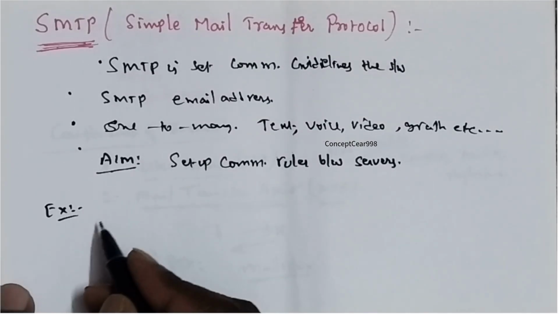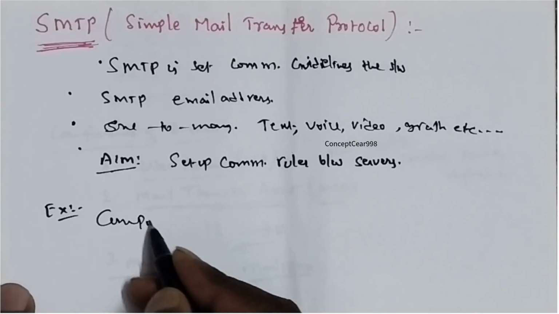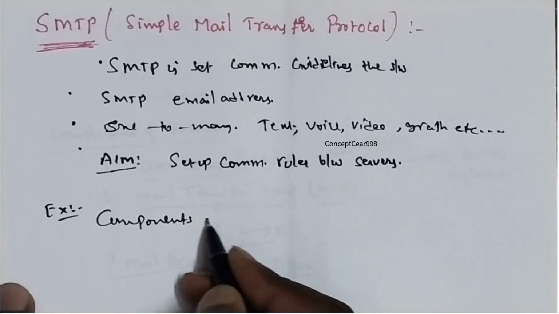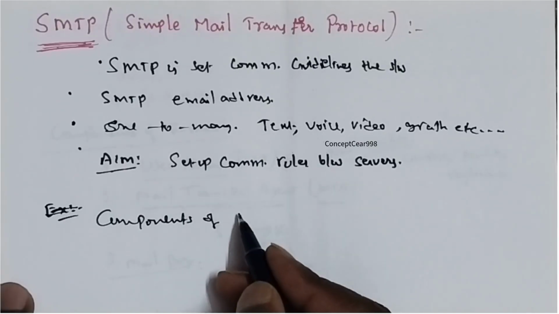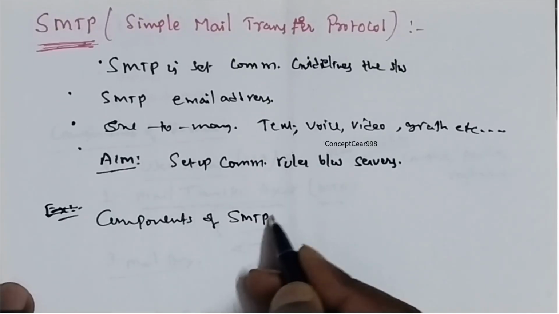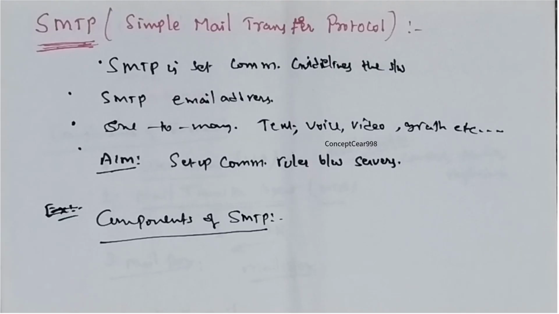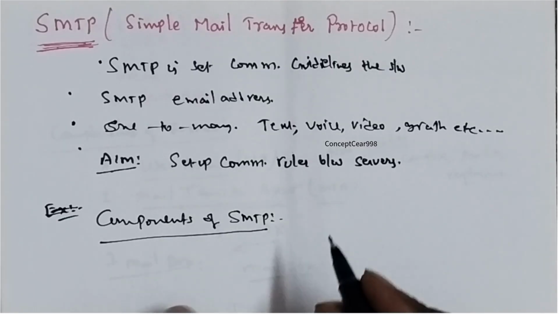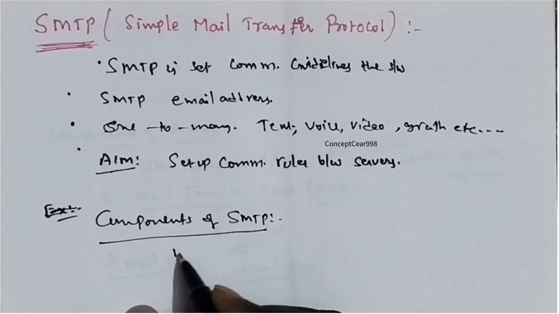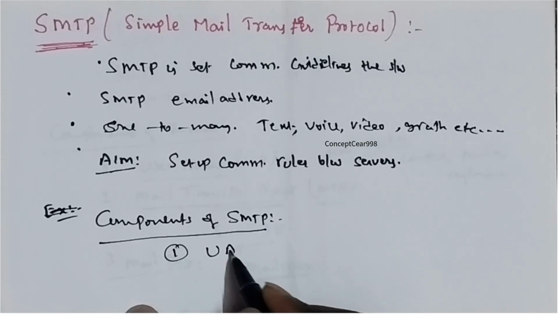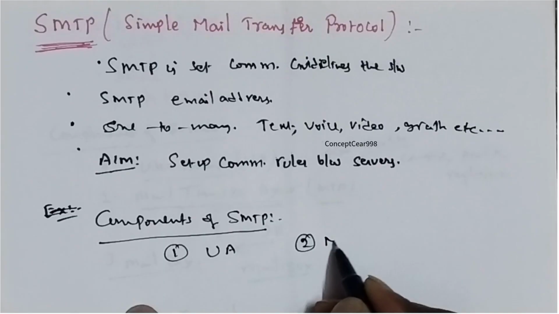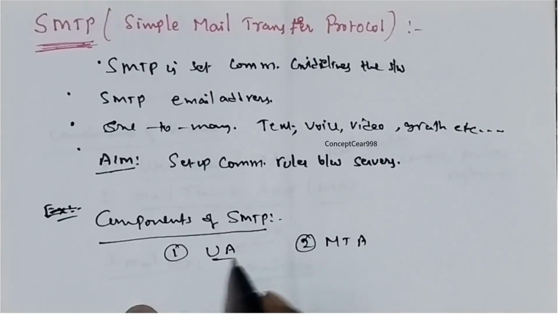What are the components of SMTP? The components of SMTP are the user agent, which we already saw in email, and the mail transfer agent. What is a user agent?